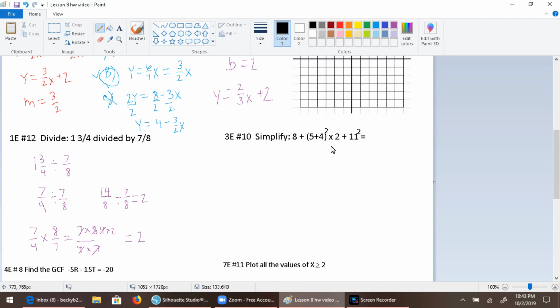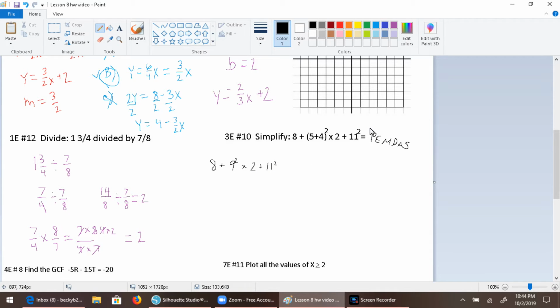If we want to simplify this, we have to work with our PEMDAS. Please excuse my dear Aunt Sally because she burps so loudly at the table. We do everything in parentheses, so we have 8 plus our 5 plus 4 is 9, and the square is going to stay with that, times 2 plus 11 squared.